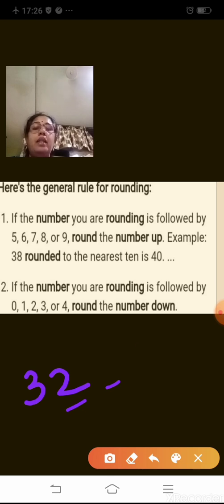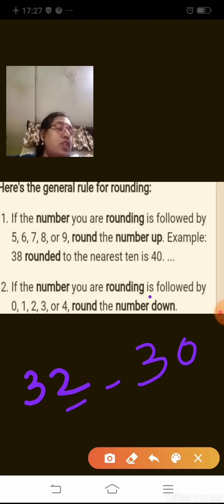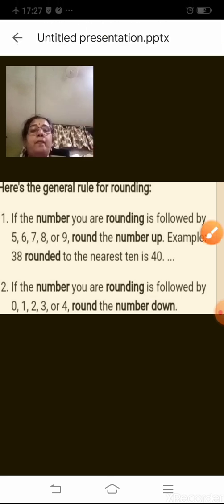The number in the tens place will remain as it is, and you will put a 0. You round off the number to the nearest 10, and it becomes 30. So you have to keep these two rules in mind: when a number is followed by 5, 6, 7, 8 or 9, you round the number upwards, and if the number you're rounding is followed by 0, 1, 2, 3 or 4, you round the number down.